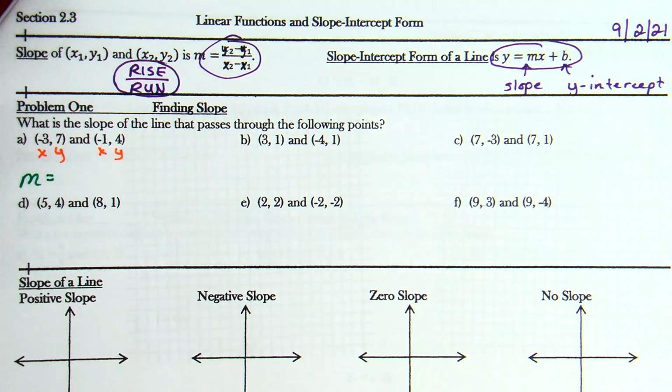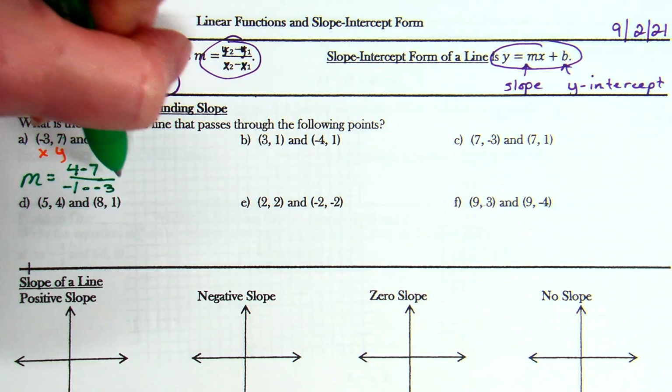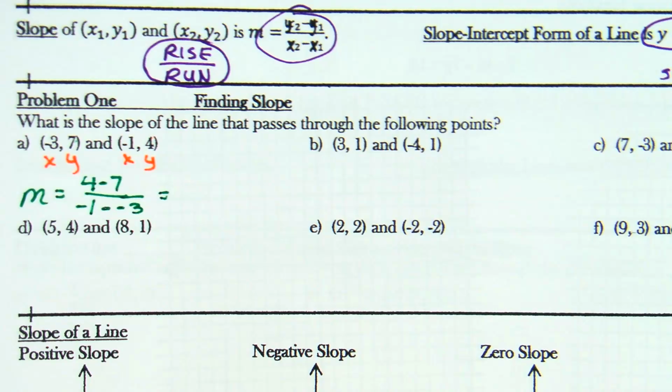that's y minus y. What order must I do on bottom? x minus x, specifically x2 minus x1, so negative 1 minus negative 3. Okay?